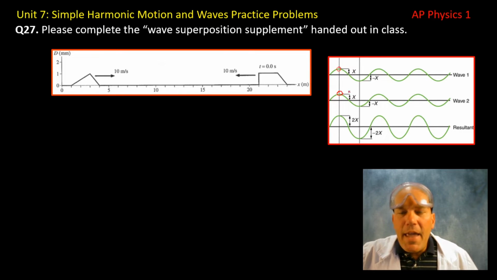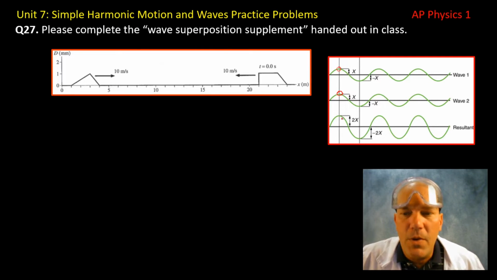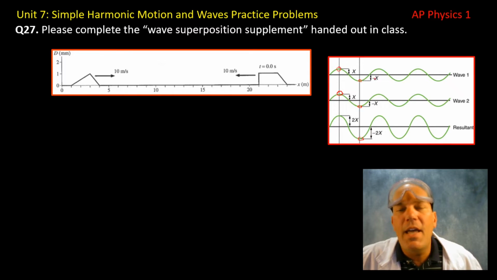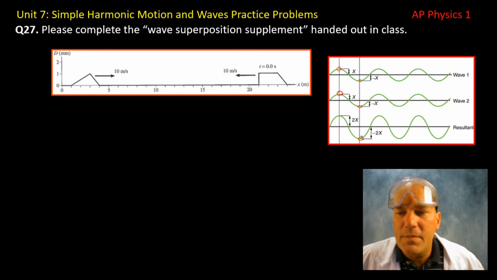So we're going to add x plus x, amplitude for wave 1, x, plus amplitude for wave 2, x, resulting in an amplitude of 2x. Okay, if we look at where we have the maximum negative amplitude under the origin here, we see that we're going to be adding negative x plus negative x equals negative 2x.